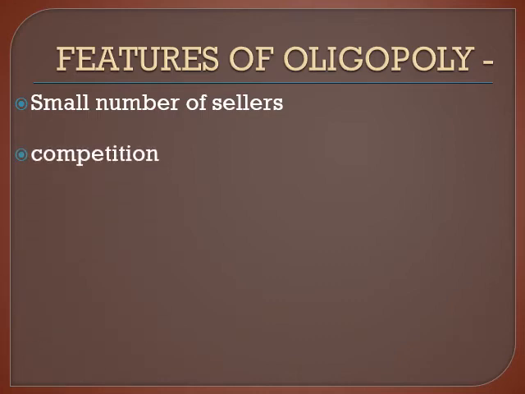Next is competition. As the number of sellers is small, all of them try to capture the market. They want to capture the major part of the market. So through what are they trying to capture the market? Either through advertising, or they will try to do celebrity endorsement, that means they will use celebrities in their advertisements to attract the people.